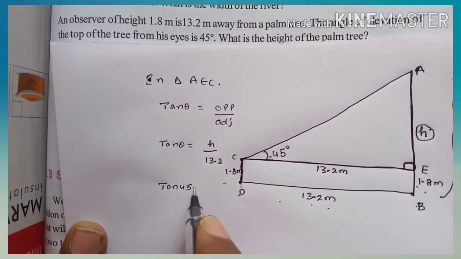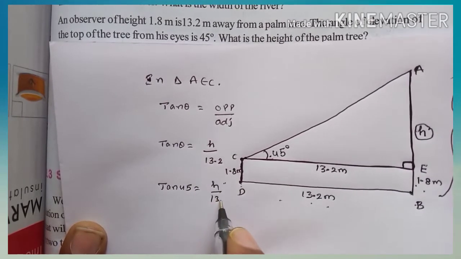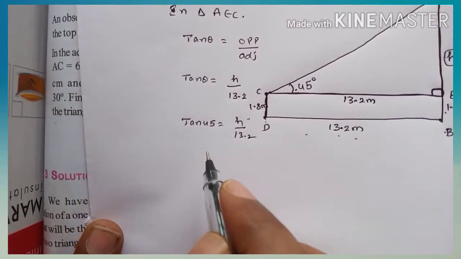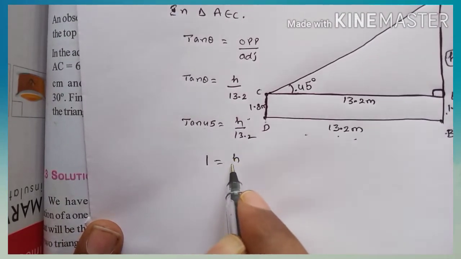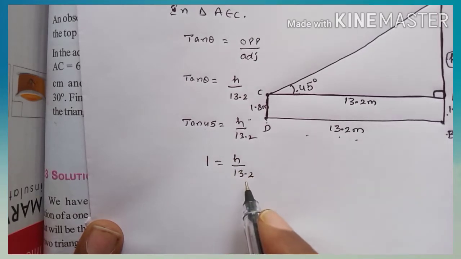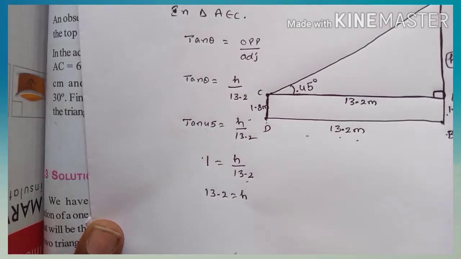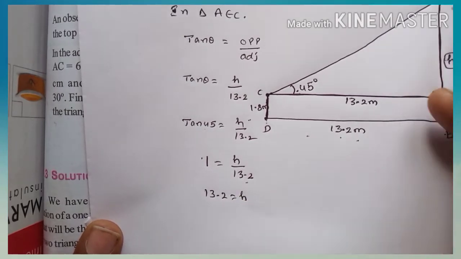So tan 45 is equal to H by 13.2. Tan 45 value is 1, so 1 is equal to H by 13.2, transposing, 13.2 is equal to H. Till here, this is the height.